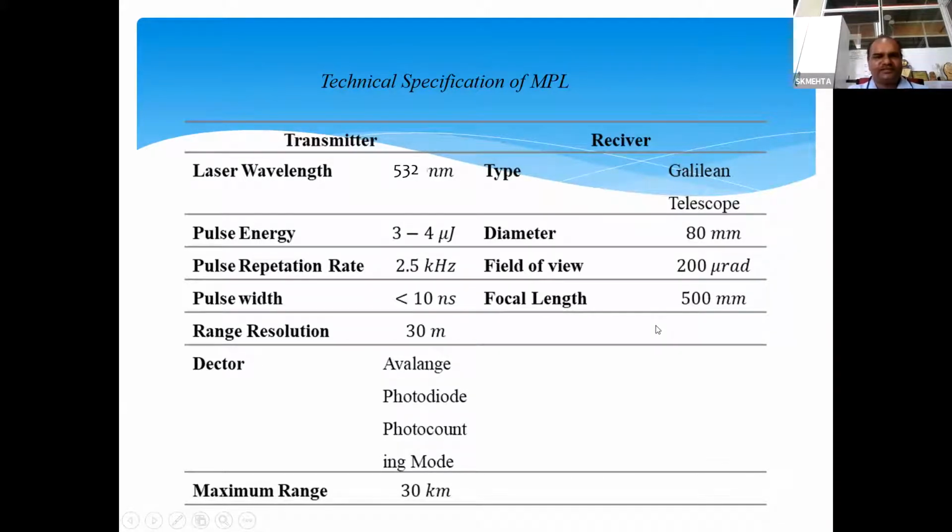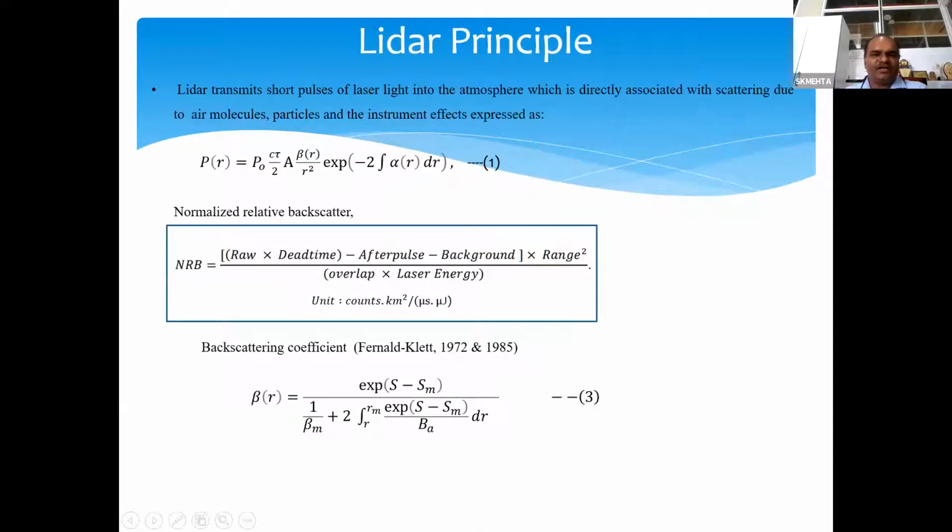So how does this lidar work? We transmit the laser, and again, you have already gone through the principle of lidar, so I need not spend time on it. The received energy is a function of the transmitted energy, the backscatter coefficient and the attenuation coefficient.